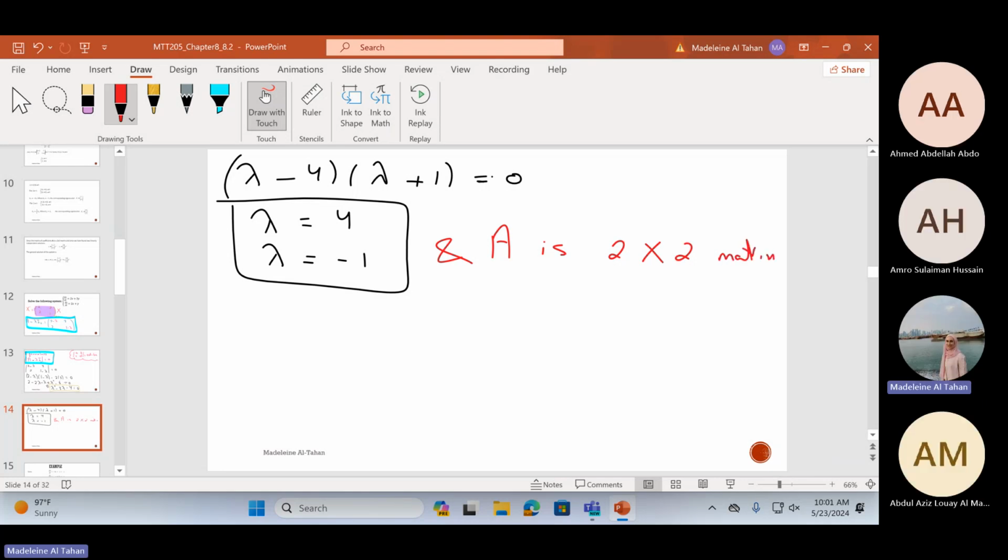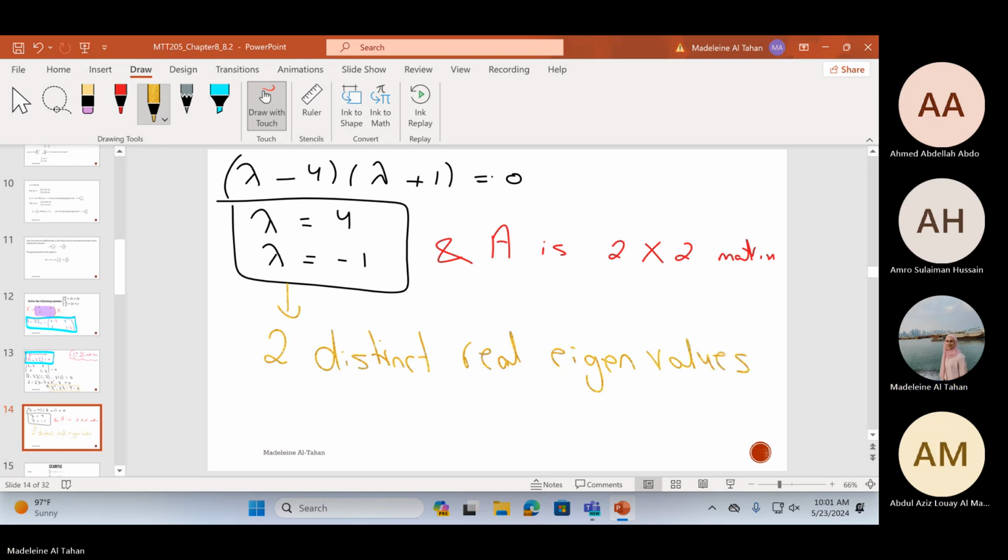A is a 2 by 2 matrix. How many eigenvalues did we get? 2. We have here 2 distinct eigenvalues, and here the size is 2.